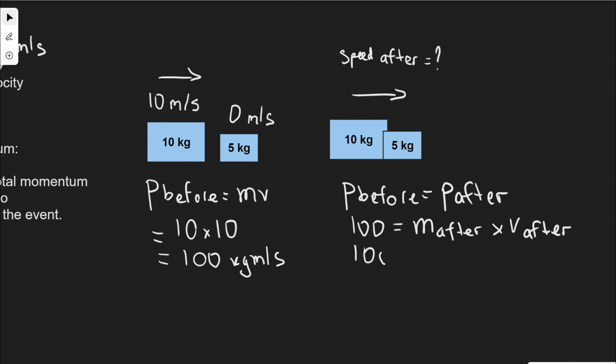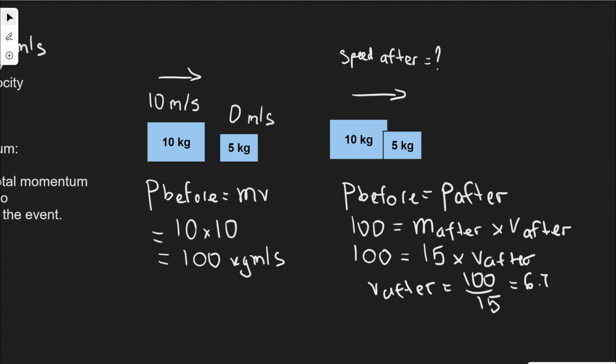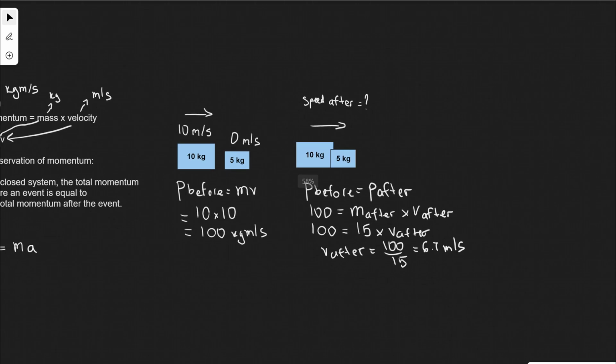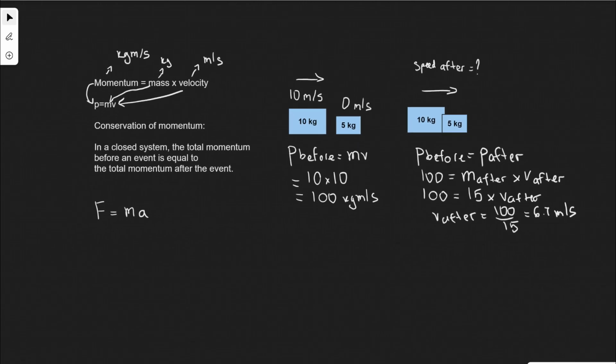Okay, well, 100 will be equal to, what's our total mass after now that they've collided together and they're moving as one object? That will just be 15 because they're stuck together, multiplied by V after, and we can work out that V after will be just equal to 100 divided by 15, or that will be around 6.7 meters per second. And this is kind of a tricky example with momentum, but really illustrates the idea.